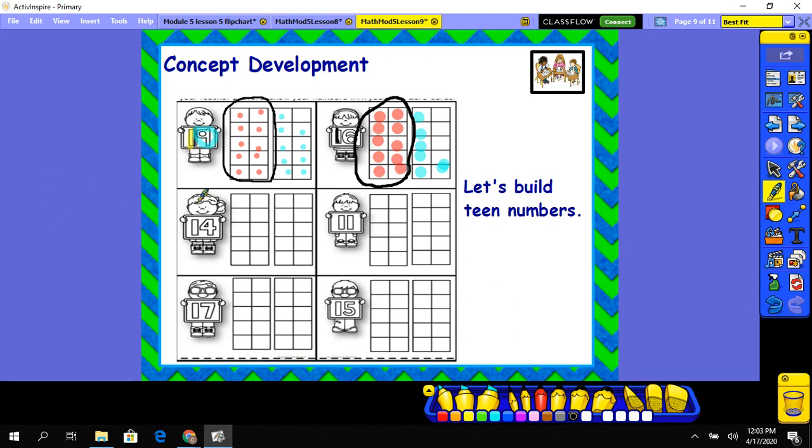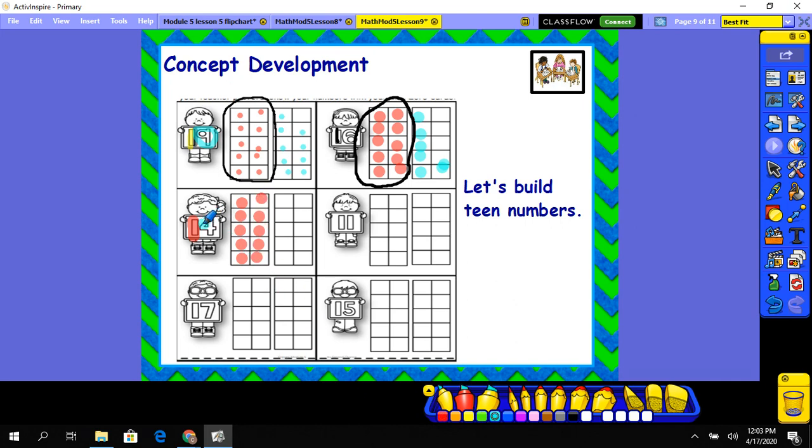Look at the next one. What is this teenage number? 14. Great job. What do we put in the first 10 frame? Yes, a group of 10, because the 1 doesn't mean 1, the 1 means 10. 1, 2, 3, 4, 5, 6, 7, 8, 9, 10.